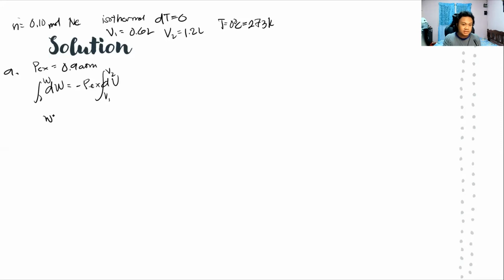So you can find this w is equal to negative P times V2 minus V1. Okay, so that's simple. It's 0.9 atm, but let's convert that to pascals. So let's multiply that by 101,325 pascals.